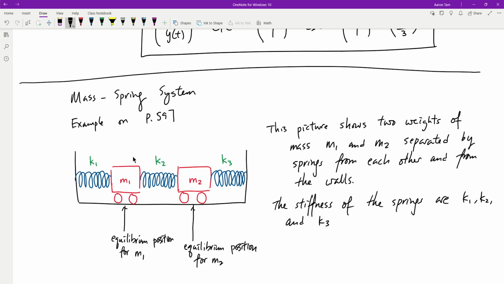And so the way it works is to define the displacement. The restoring force we're going to define to be proportional to the displacement from the equilibrium position.